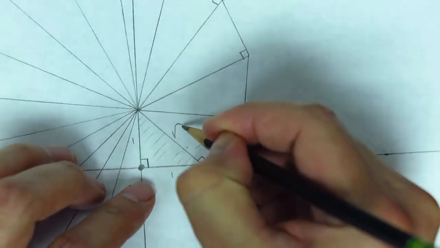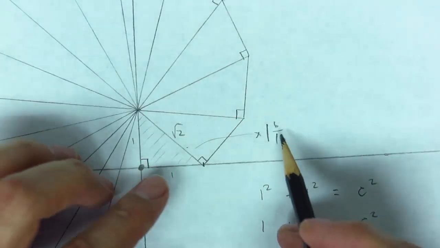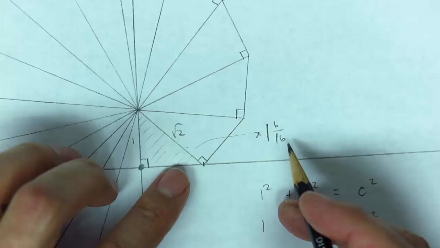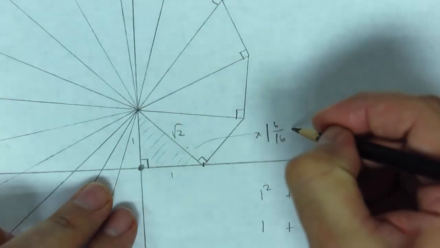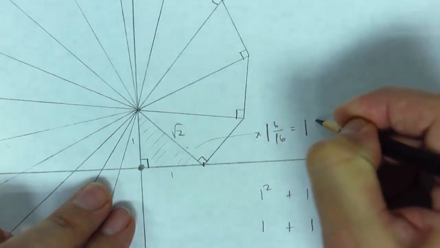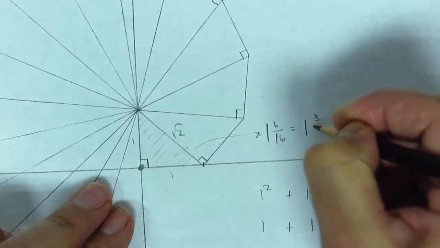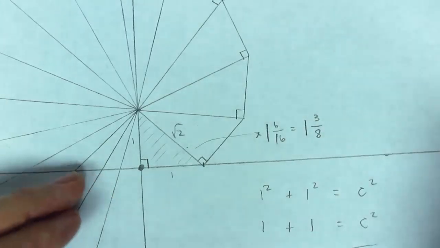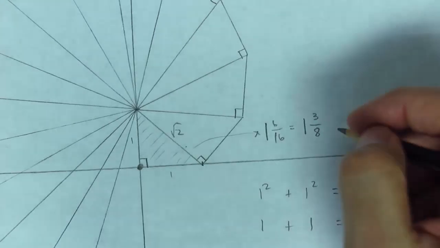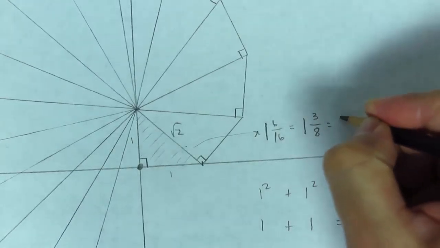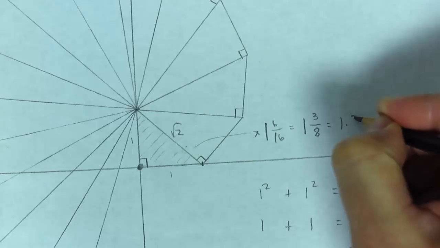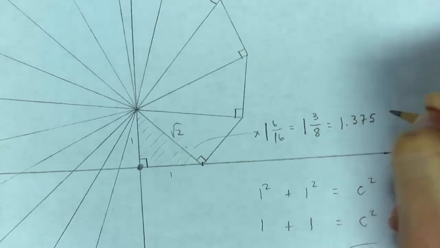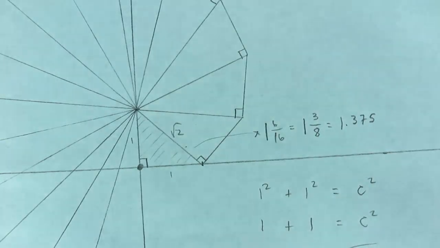We know it's root 2, but we can also approximate it as a mixed number of 1 6/16 or 1 3/8, or 1.375.